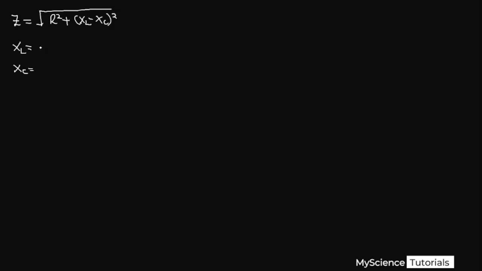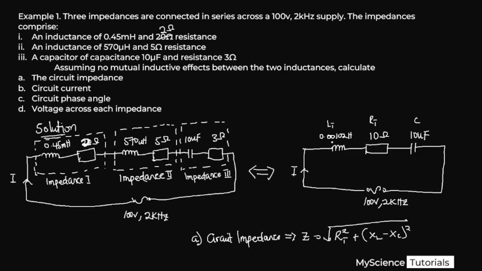So what is XL? XL is the inductive reactance, given mathematically as 2 pi FL. This is equal to 2 pi multiplied by the frequency, which was given to us to be 2000, so we have 2 times 10 raised to the power 3, multiplied by the inductance of the inductor, which is the L total we saw earlier, which is 0.00102.